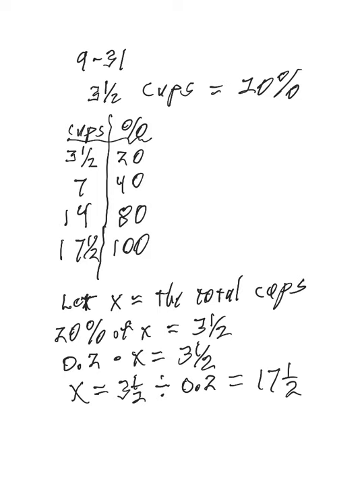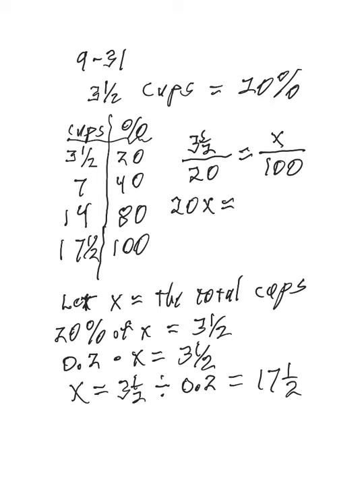All right, our third method, this is the most complex of the methods, is we could say 3 1/2 is to 20 as some number is to 100. And then we could cross multiply and we get 20x equals 350.